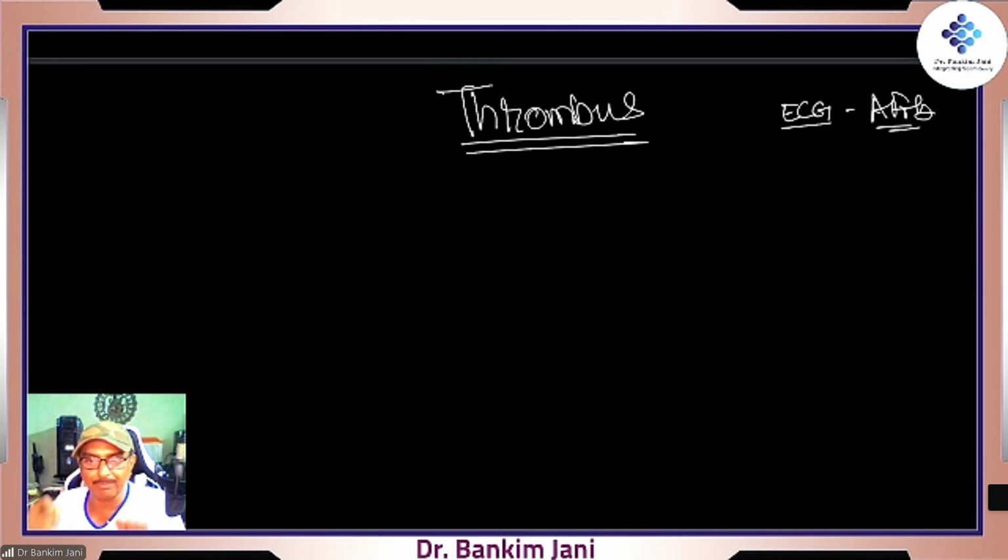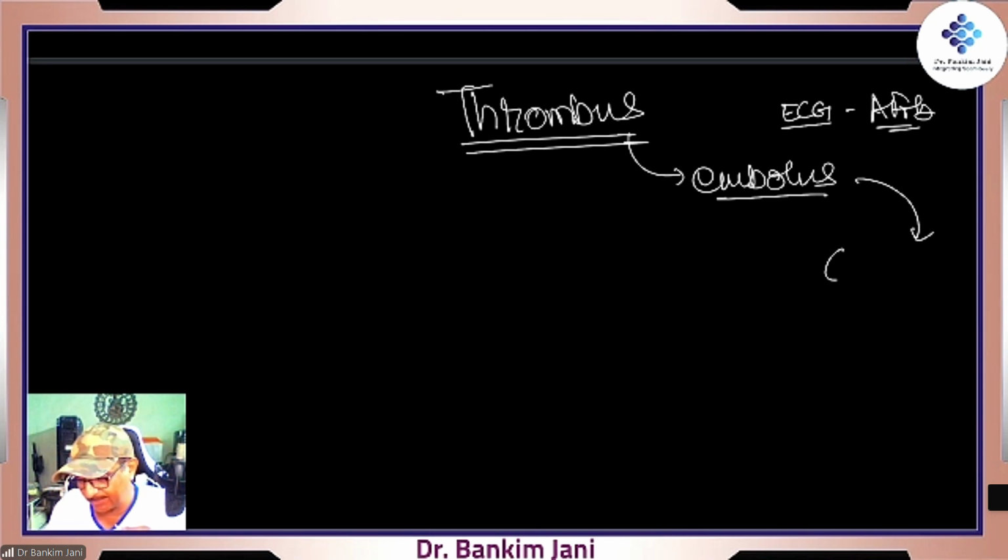And we applied it, and the blunder we did was that the thrombus was there. It got dislodged, and now that embolus is in the circulation. Because of such heavy current, the whole heart contracted once, and that embolus got dislodged.